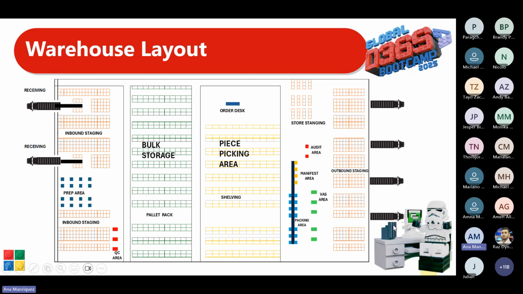This is the warehouse layout, a more standard layout. Some companies don't have the space and maybe have the receiving area here and down here the trucks, but all the time they have these spaces really clear in the warehouse.